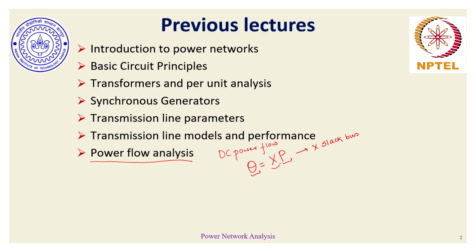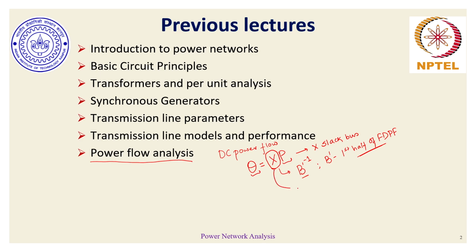And this X matrix was actually the inverse of the B dash matrix, which was also used in the first half of the fast decoupled power flow method.